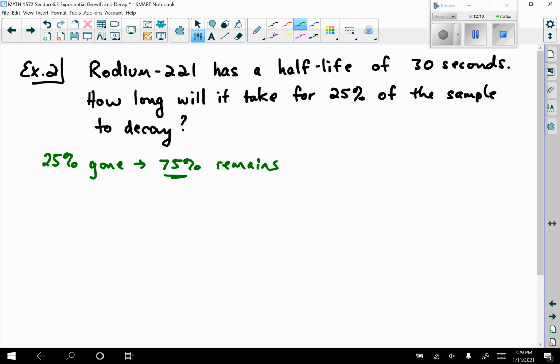All right, so we're going to start with that same formula, that y of t is going to equal our initial amount times e to the kt. Now in this case, we're not given an initial amount, so we could just make anything up. We could just say our initial amount is 1. So let's say, again, after 30 seconds, when t is equal to 30 seconds, we want to find k again.